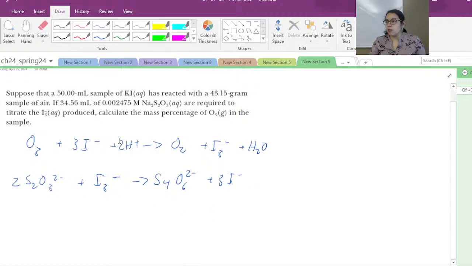Yeah, you could do that. I don't think you need to do that to solve this problem, though. So this is just more like a stoichiometry refresher, kind of with all this stuff.